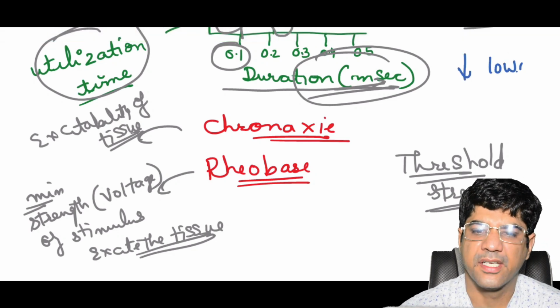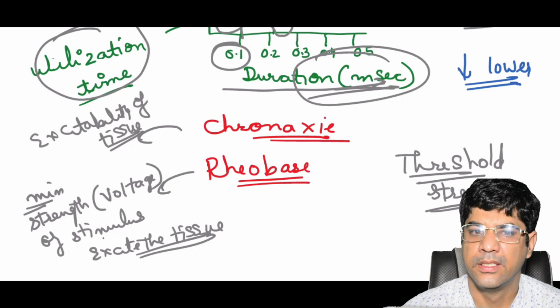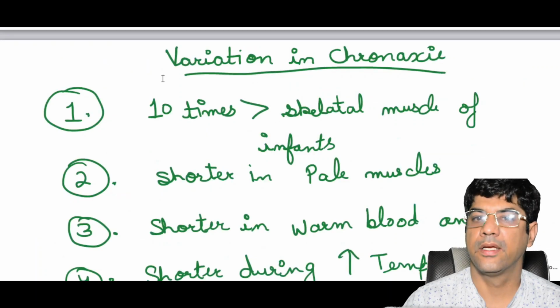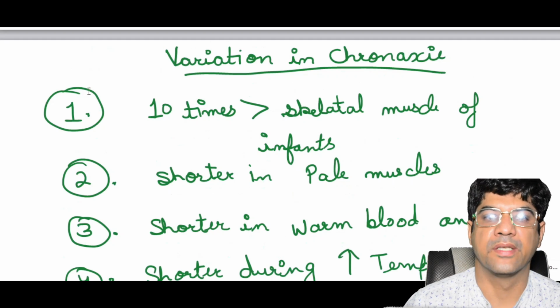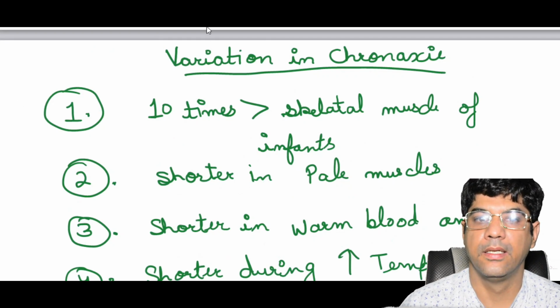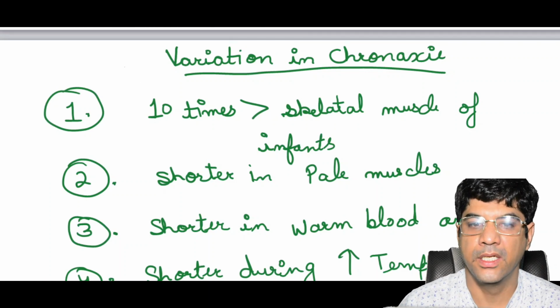Now let us discuss the variation in the chronaxia. Chronaxia is a measure of tissue excitability, right? It is 10 times more in the skeletal muscle of infants.